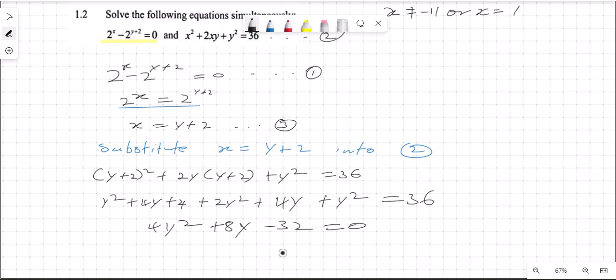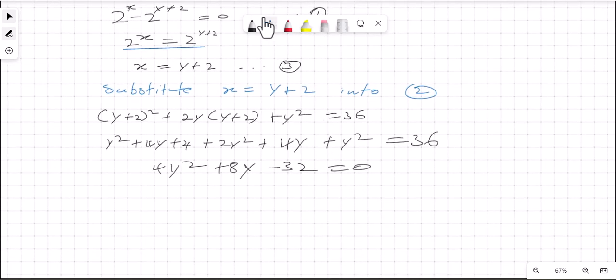Then if we look here, we'll see that 4 is a common factor, so 32 divided by 4 gives 8. So I divide everything by 4. What do I have? Y squared plus 2y minus 8 equals 0.